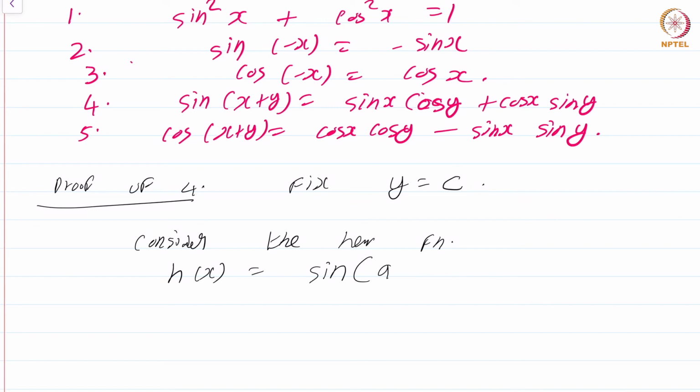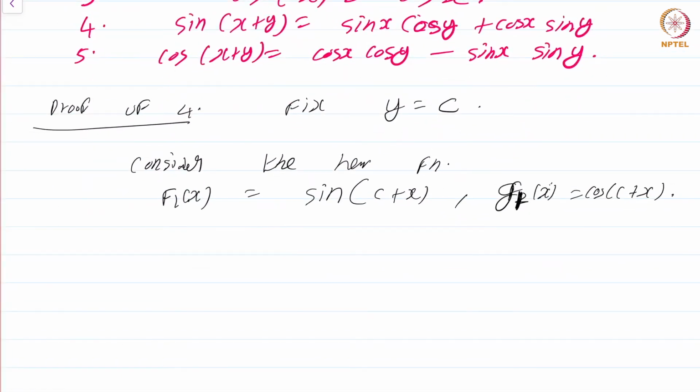Set f1 of x to be sine of c plus x and g1 of x to be cos of c plus x. Now observe that f1 prime is equal to g1 and g1 prime is equal to minus f1. This follows immediately from the chain rule.